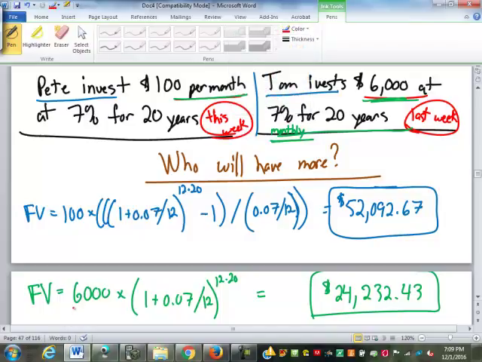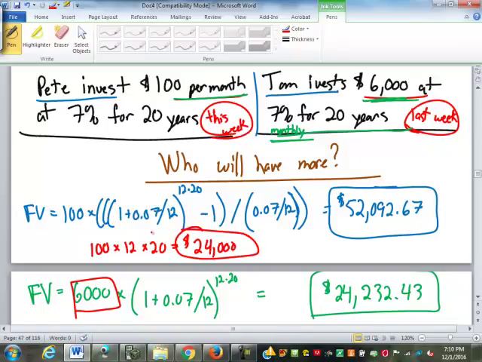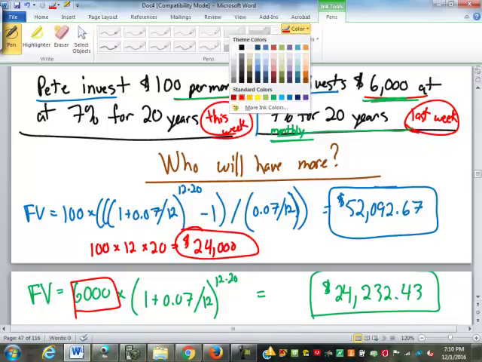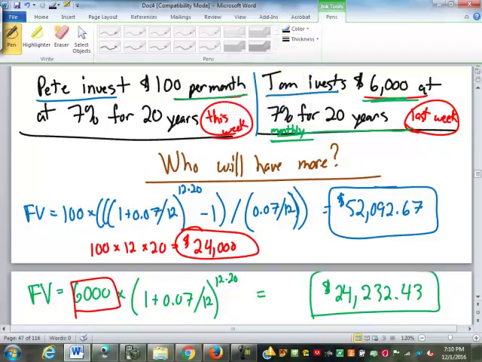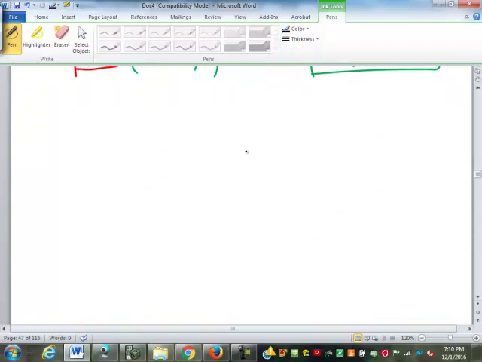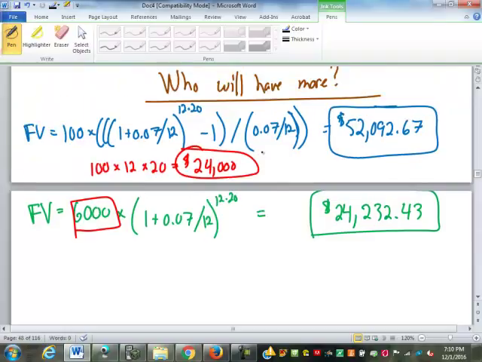Now, Tom's only paying in the $6,000. Pete is paying in $100 times 12 months a year times 20 years. He's actually paying in over the time a full $24,000. So here's the question.